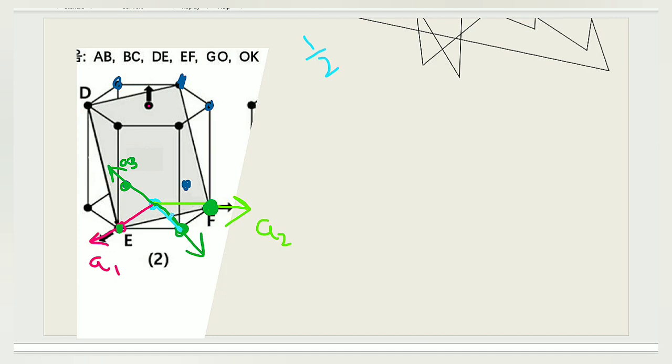If it is cutting at the half, you can see that this is half and this is also half, equal lengths. So this is how I can estimate that it is intersecting at the half point. And since it is the negative a3 direction, I can say by just looking at the figure at first look that it is -1/2 as the intercept of the a3 axis.